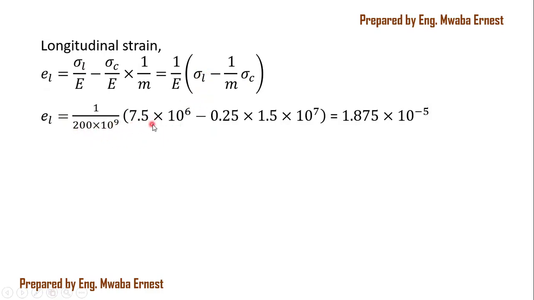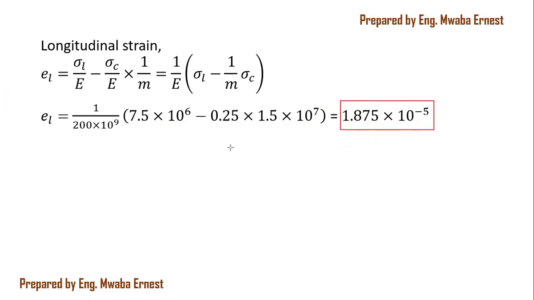Then in the brackets, the longitudinal stress is 7.5 times 10 power 6, minus what we are calling 1 over m, which is 0.25, multiplied by the circumferential stress, which is 1.5 times 10 power 7. With this combination, the final answer is 1.875 times 10 raised to power negative 5.